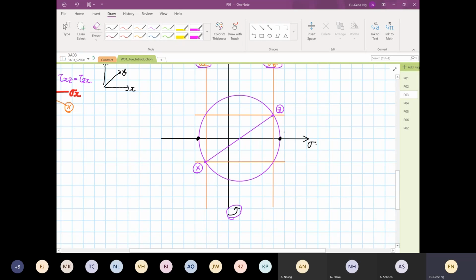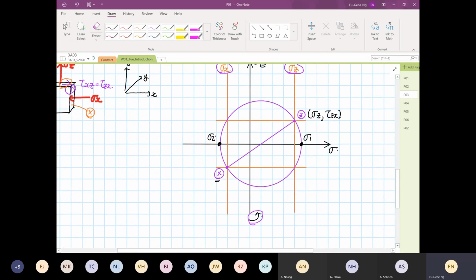So those 2 points are known as your stress 1 and stress 2. Stress 1 and stress 2 position depends on the normal stress and shear stress of point X and the normal stress and shear stress of point Z. If you look at the coordinates over here, this is dependent on your stress Z and your shear ZX or shear XZ, does not matter.